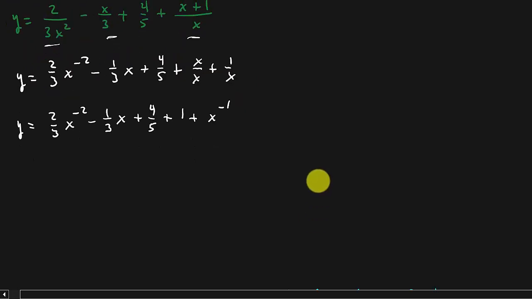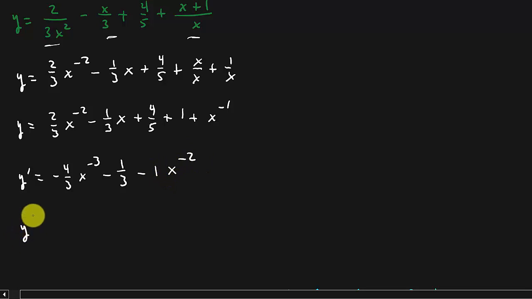So I just rewrote everything, and now my derivative is going to be negative 4/3 x to the negative 3, the negative 2 comes down, subtract 1, minus 1/3, derivative of 1/3 x is 1/3, derivative of 4/5 is 0, derivative of 1 is 0, derivative of this, the minus 1 comes down, and subtract 1 from the exponent.